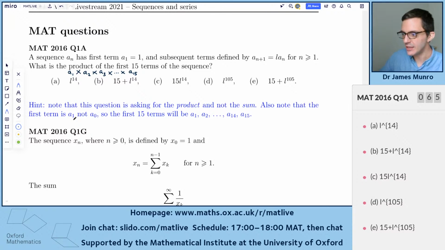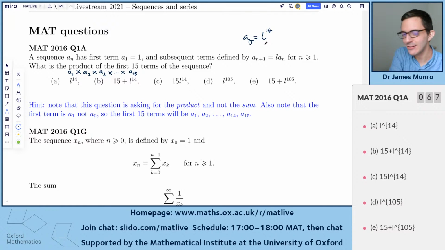Right, L to the 14 is the 15th term. Yeah, okay, so that's a good point. What do I mean? A15 here, the 15th term, is L to the 14, someone says in chat, which is pretty good. JDS is going to be disappointed by that, so you've just put in chat, I think you might have out by 1 errored, maybe.